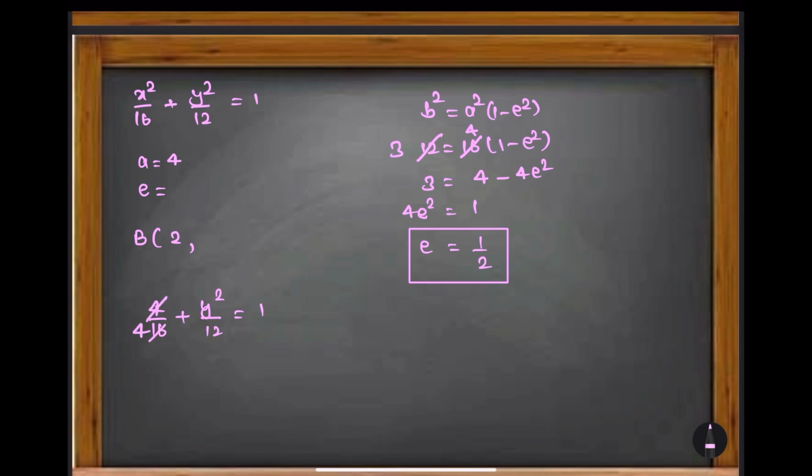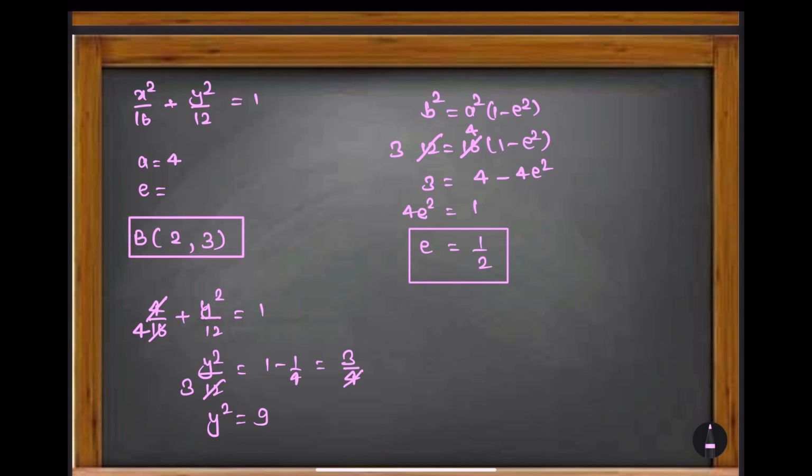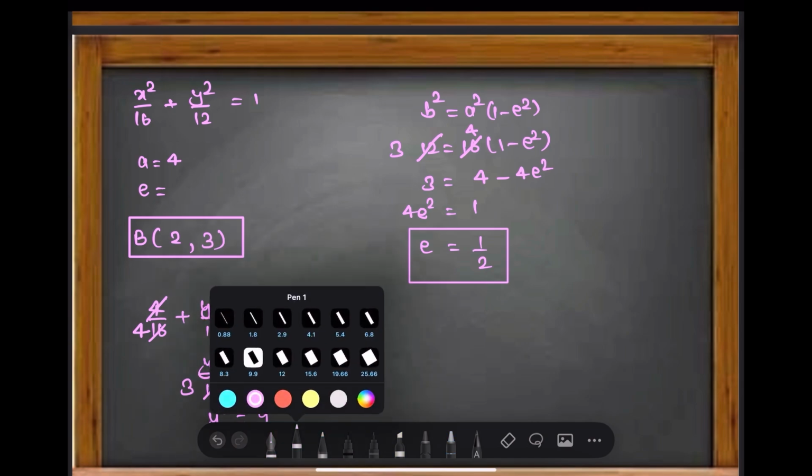So y square by 12 is equal to 1 minus 1 by 4 equals 3 by 4. 4 threes are 12, so y square equals 9. So y will become plus or minus 3. I am talking about the upper triangle, so it will be plus 3. So you got point B.